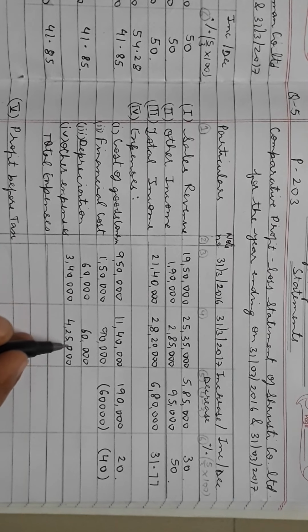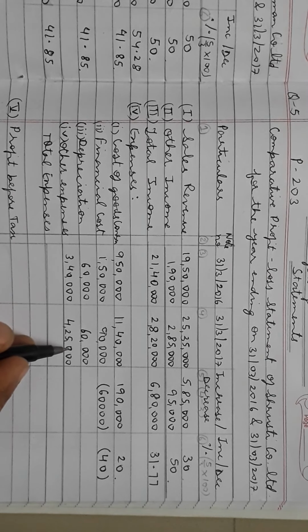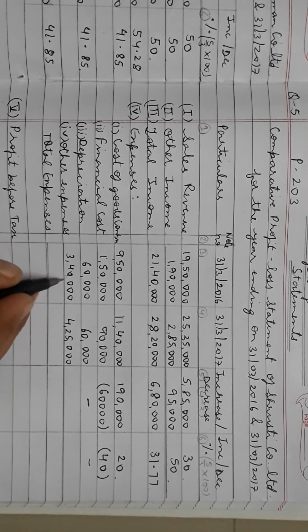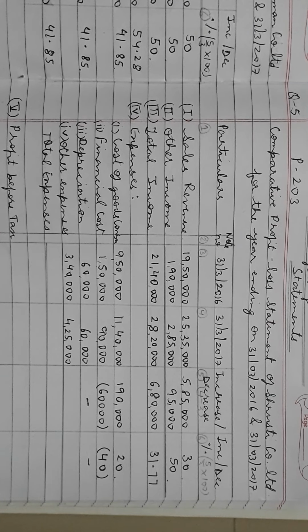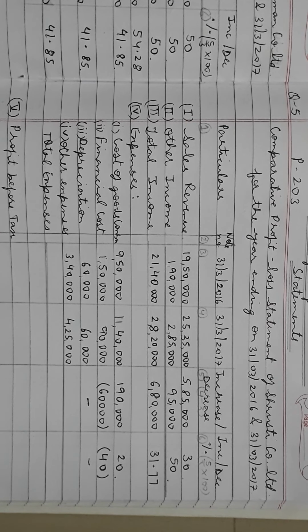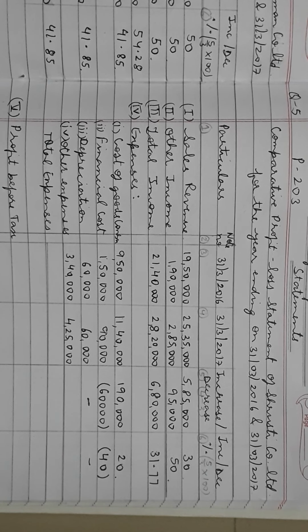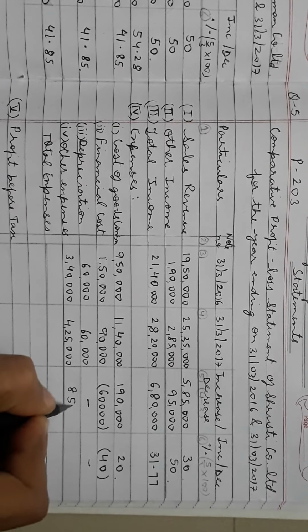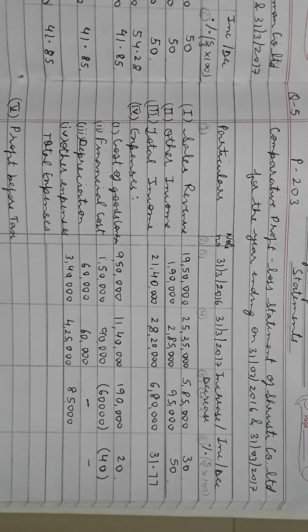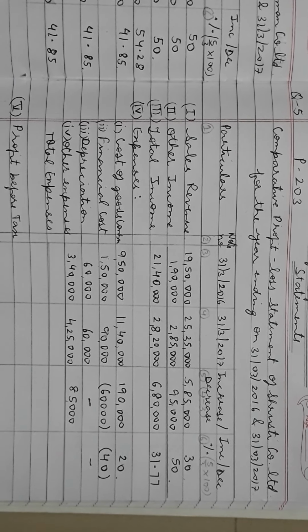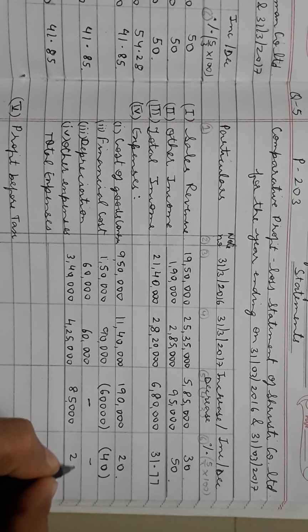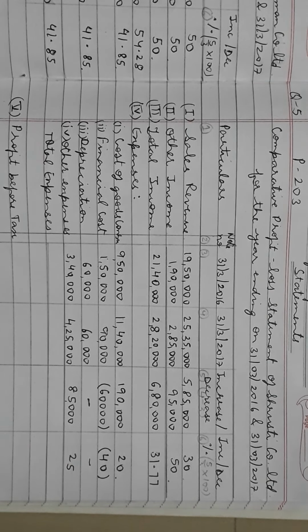This is 60,000, 60,000, so there is no change, so we'll make it a dash. Here other expenses 340 to 425 increase, so we'll write 4,25,000 minus 3,40,000, that is 85,000 increase. Percentage, 85,000 divided by 3,40,000 into 100, that is 25%.